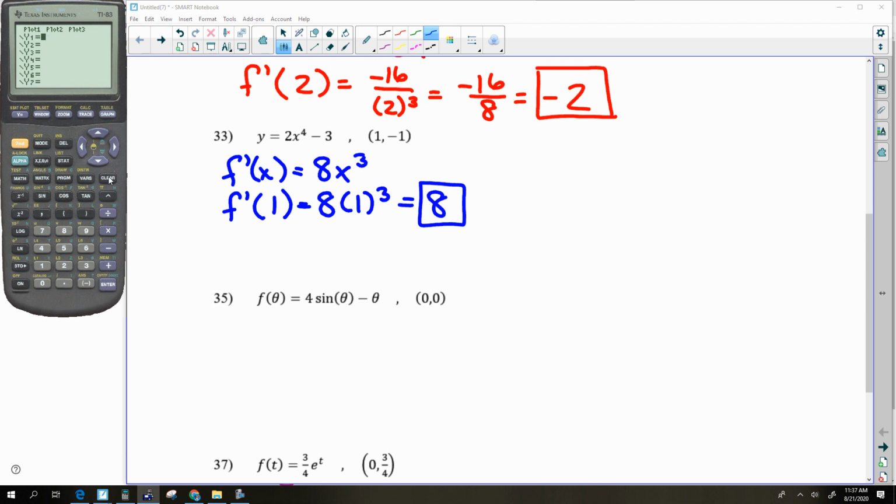Oh, I didn't enter the original f of x. I entered the derivative. I'm sorry, 2x to the 4th minus 3. I'm slow, sorry. All right, there's my graph. Now I need to calculate the derivative when x is equal to 1. There it is, 8. I know I didn't do anything wrong.